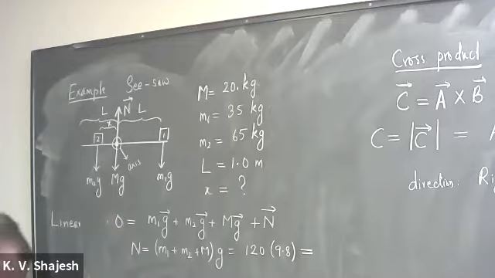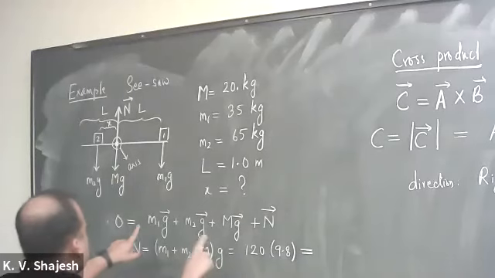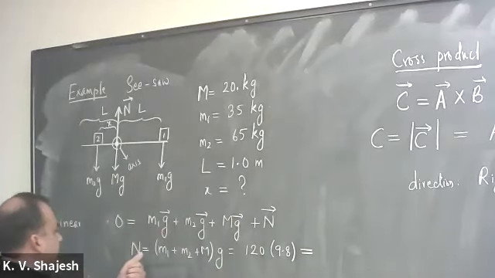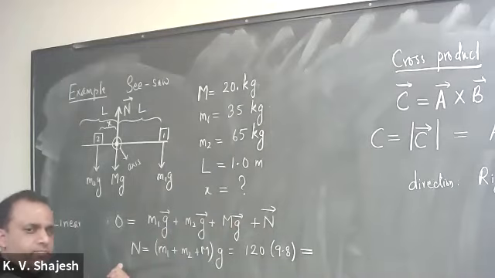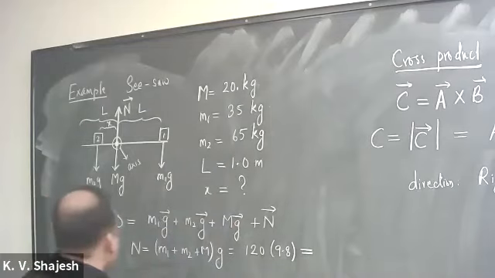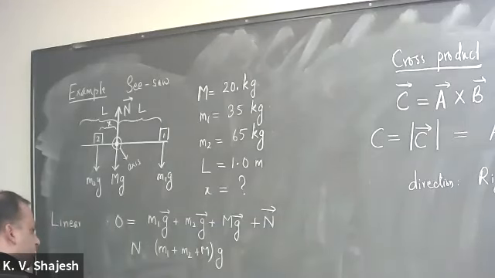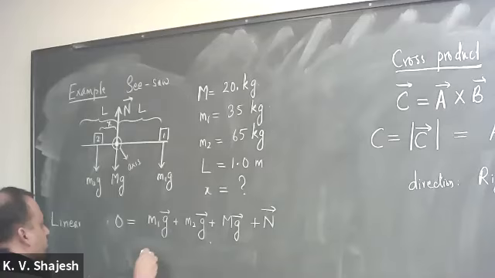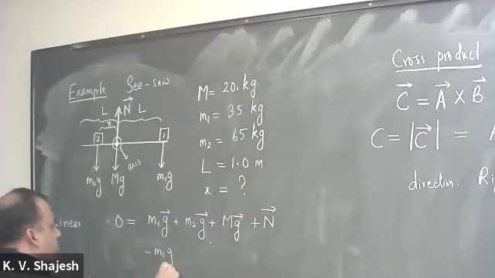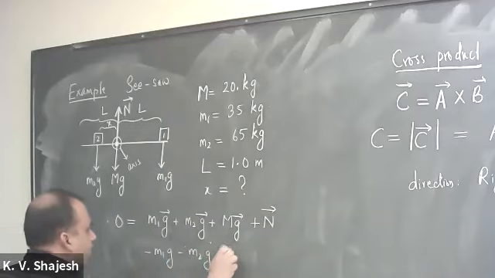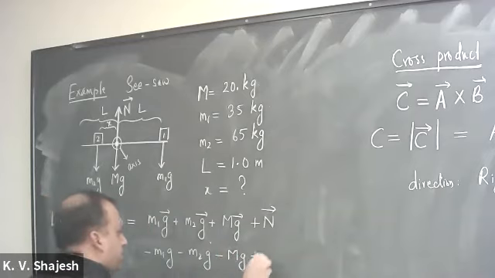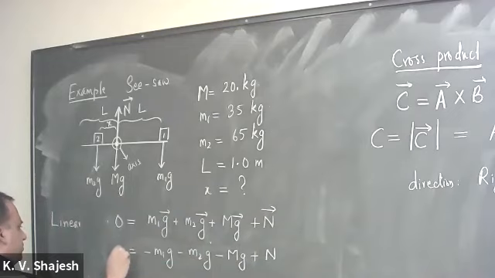Shouldn't N be negative in that case? I moved it, so this will be negative, that will be positive, but then I moved the N to the left-hand side. So this is minus m1g minus m2g minus capital Mg plus N, that's equal to 0.